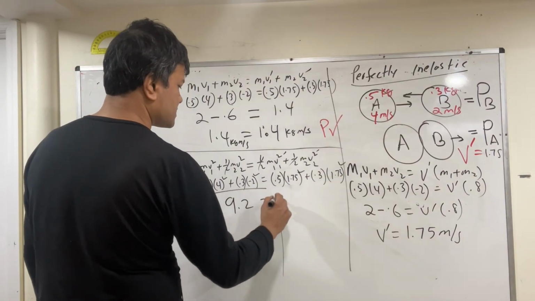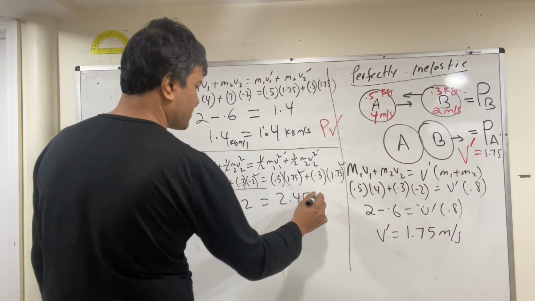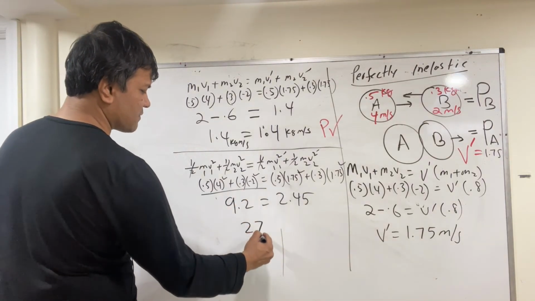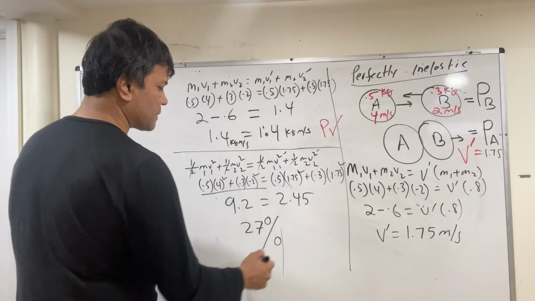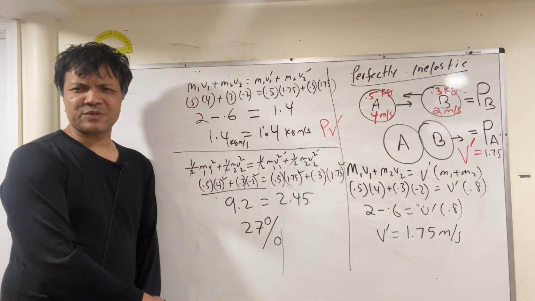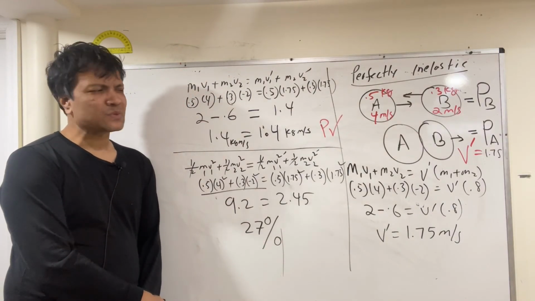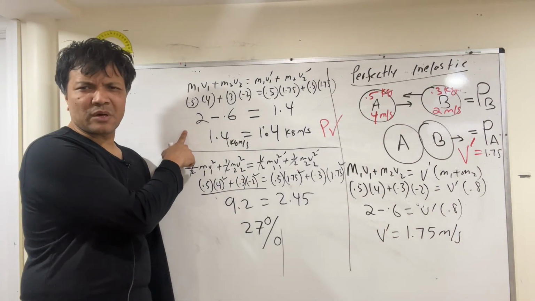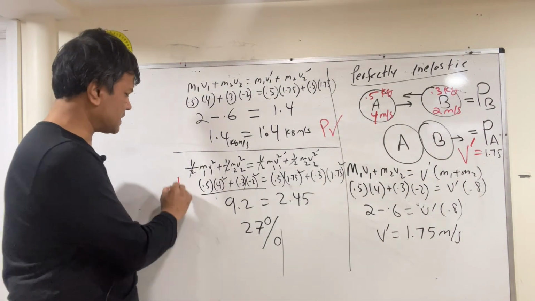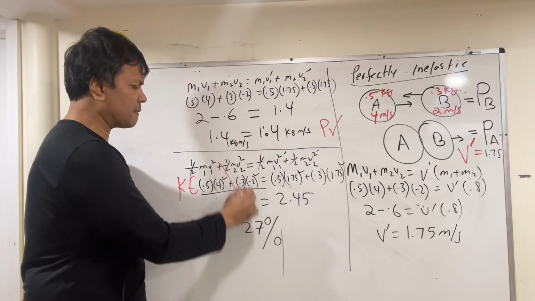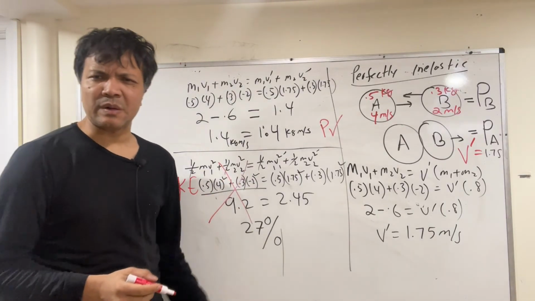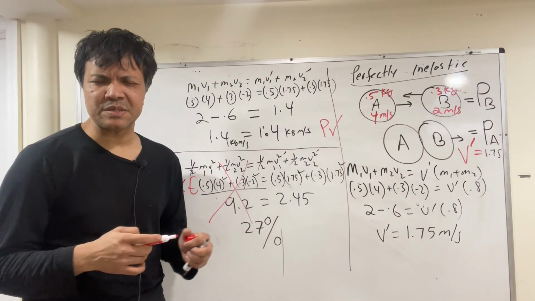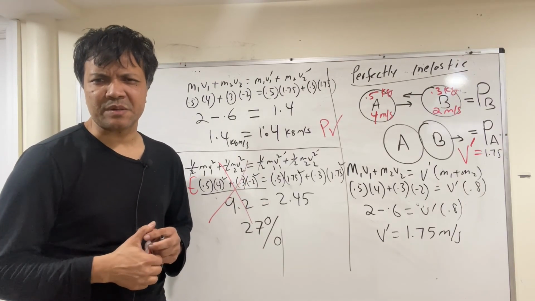This is 2.45 divided by 9.2, so 27% conserved. All right, so most of the energy is lost. So the momentum is conserved, but kinetic energy is not conserved. Only 27% is conserved, and most of the energy is lost.